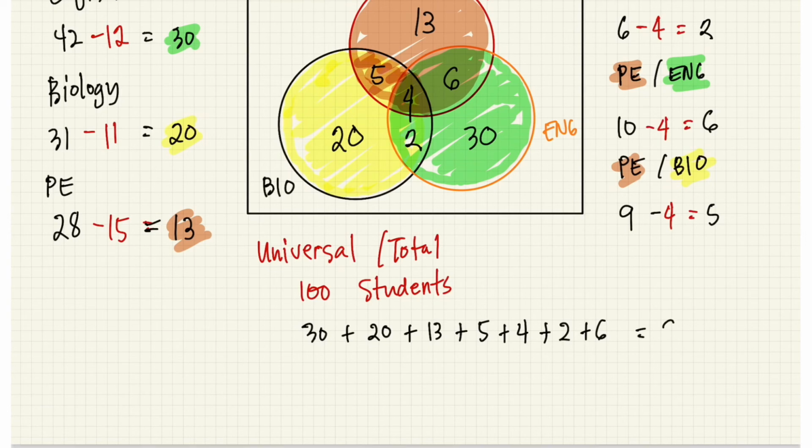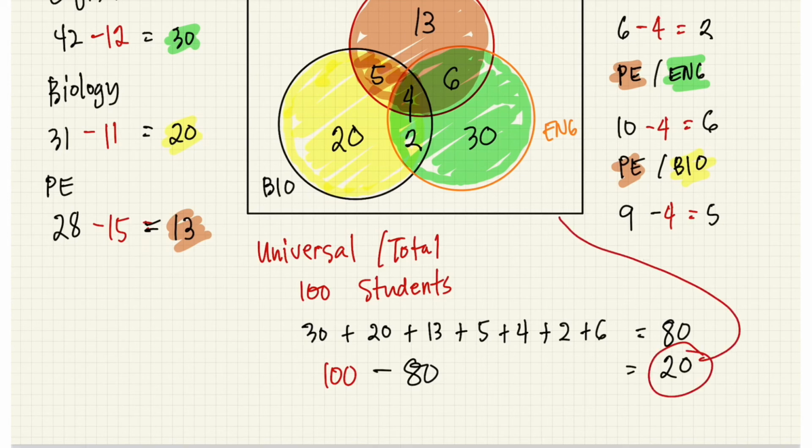The answer is equal to 80. Since we have 100 students, we subtract 80. The answer is 20. So this 20 will be the number of students not learning the 3 subjects. We write here 20.